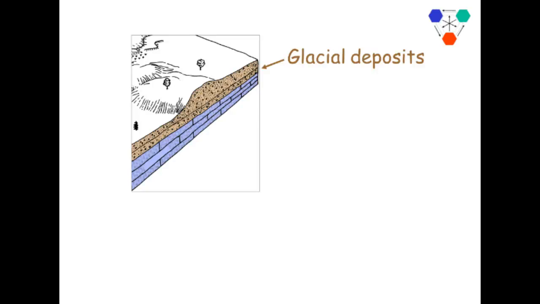Glacial deposits are much younger than the bedrock they sit on, like is seen here in this slide. So here you see the glacial deposits, and there's the bedrock that they sit on. So these glacial deposits are much younger, which makes sense. The bedrock would be a compressed version of these sediments right here, and they'd be deposited by the glacier on top of each other. So those are much younger than this bedrock that's underneath. Make sure you get that in your notes.